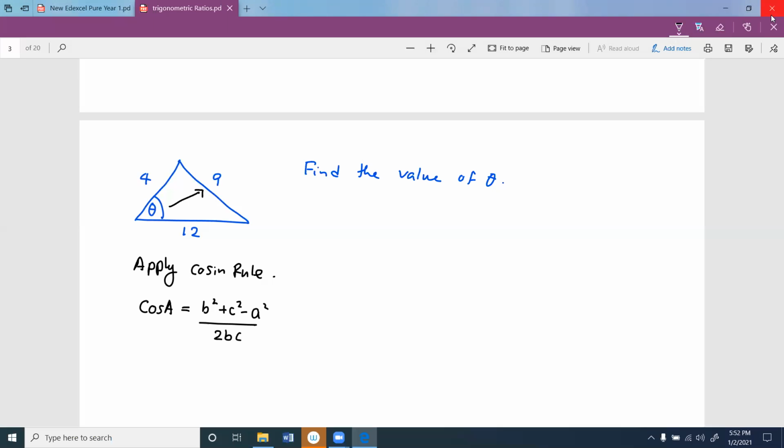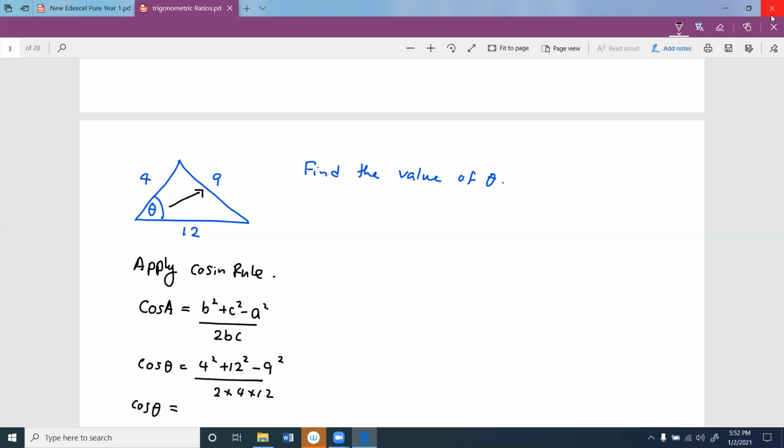So cos theta equals 4 squared plus 12 squared minus 9 squared, divided by 2 into 4 into 12. That is 16 plus 144 minus 81, divided by 96, which gives 79 over 96.